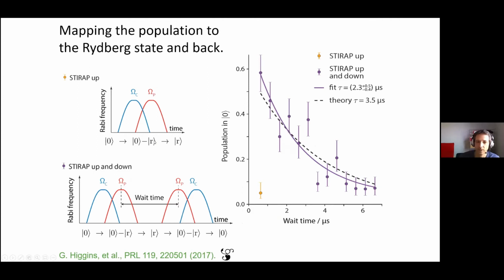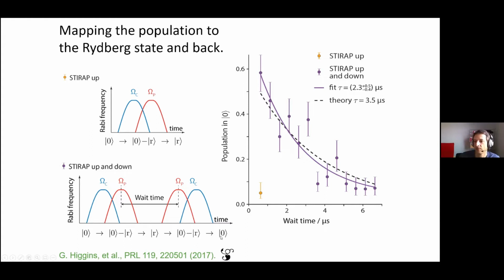So what we need to prove is we were really in the Rydberg state. And for that, we do a two-STIRAP pulse sequence, one going up, and then reverse the sequence to go down again after some time. By doing that, we go first from the initial state to the Rydberg state by this adiabatic transfer. We wait for some time there, and then we return the population back to the ground state.